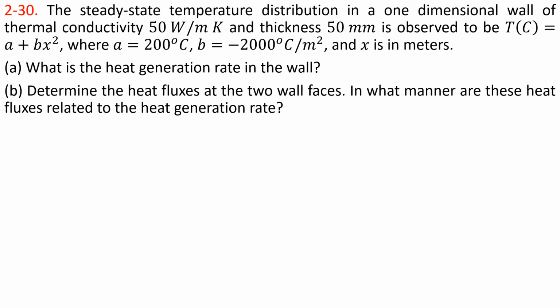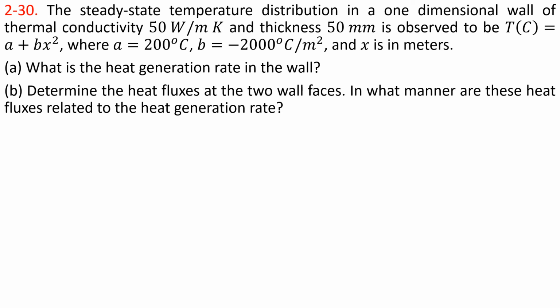We have temperature distribution given in terms of x, and temperature distribution is only in x direction. Thermal conductivity of the material is given, which is 50 watt per meter Kelvin, and the thickness of the material is 50 millimeter.